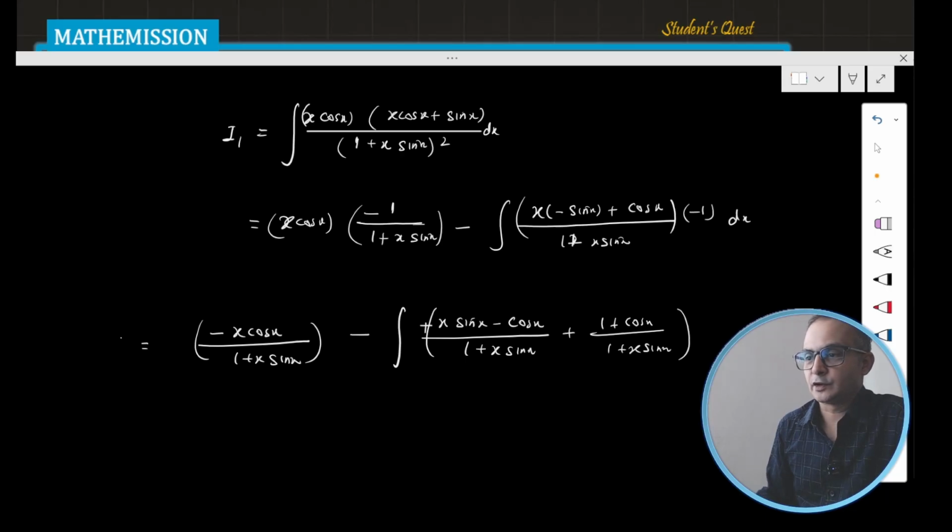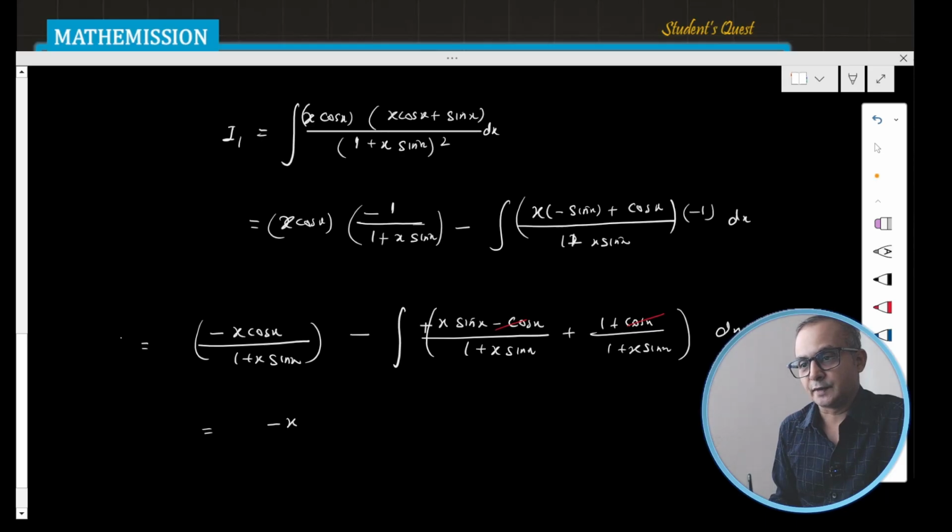Now notice if we collect them together, cos x and cos x get cancelled, and here 1 plus x sin x and 1 plus x sin x will also get cancelled. So we are getting now directly minus x cos x divided by 1 plus x sin x, and that is going to be minus dx.